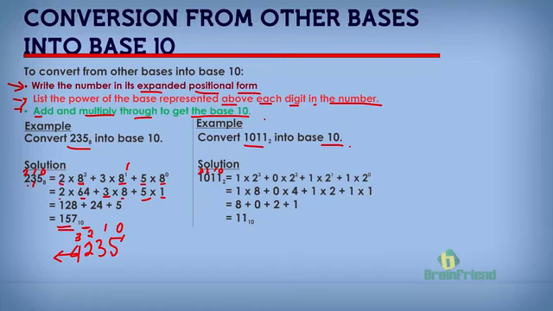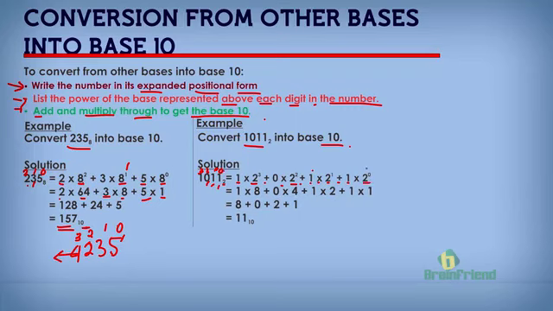So we expand 1011 as 1 times 2, being the base, raised to power 3, plus the next number, 0 times 2 raised to the power 2, plus 1, which is the next number, times 2, our base, raised to the power 1, plus 1, the last number, times 2 raised to power 0.